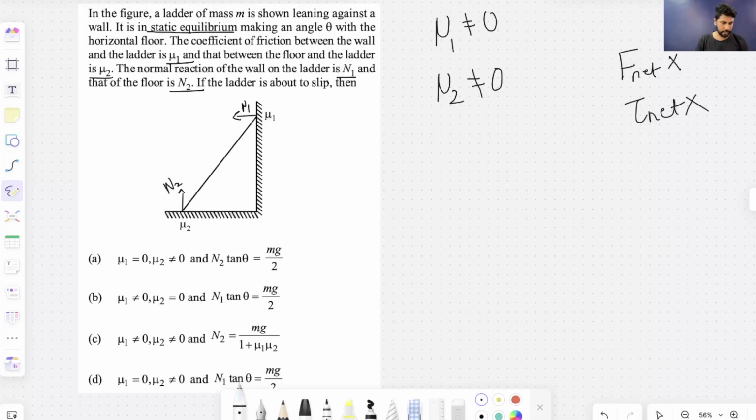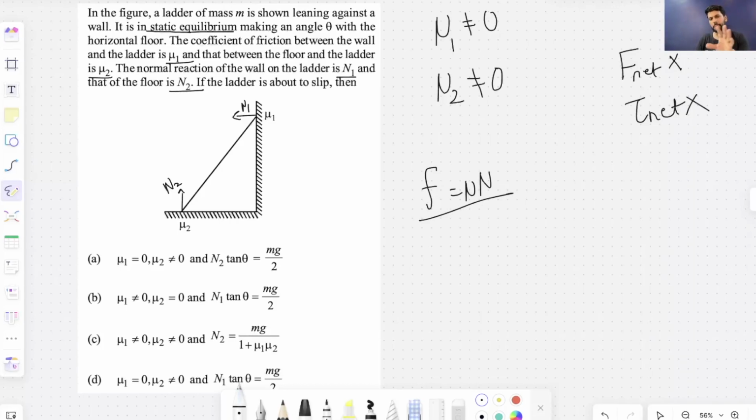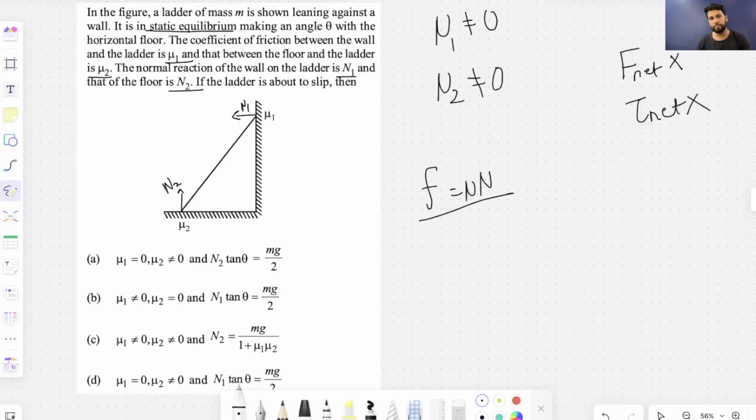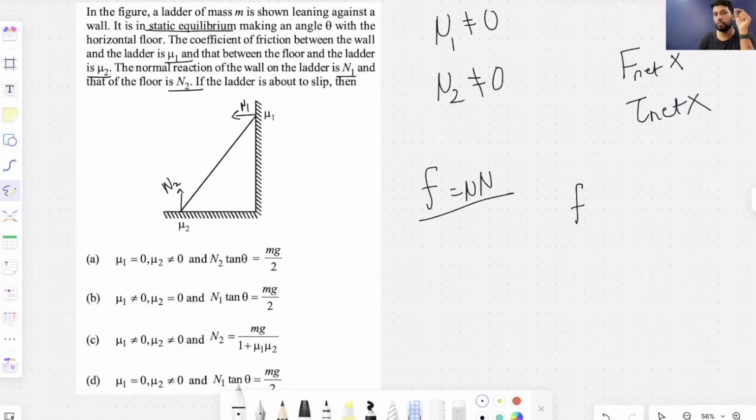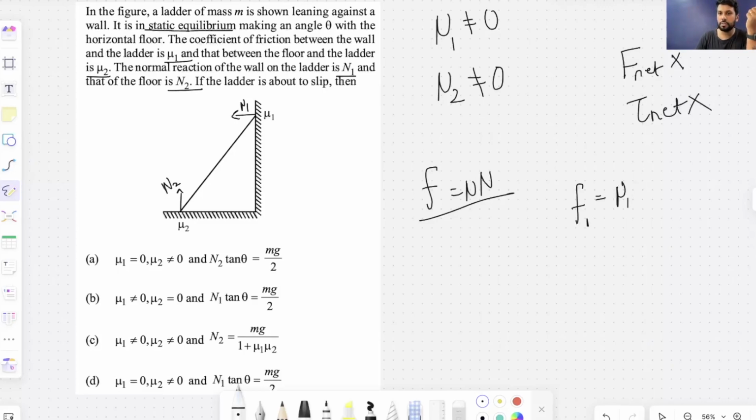Now, if you have studied the formula for friction, I know that friction is equal to mu into normal. This is a formula that you study in class 11, or even in the lower grades. This is the frictional force. Now, what is the frictional force due to the wall? The frictional force due to the wall is F1. Okay, so F1 is going to be equal to mu1 into N1, right?